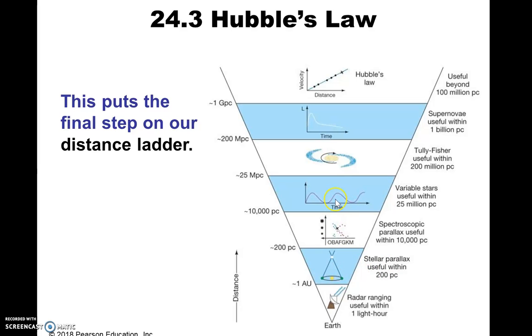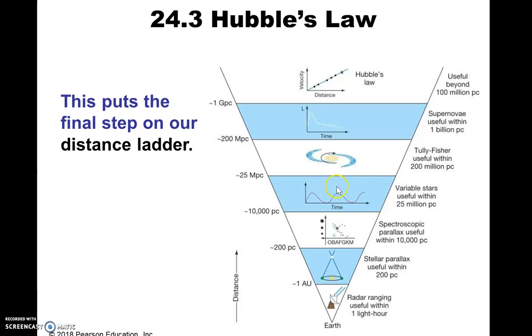And I think I had mentioned this before. This is a really important concept, so it does bear repeating: we need to have overlap. There has to be overlap between each of these rungs on the distance ladder, because without a way of verifying it, in fact, there has to be overlap. Cepheid variables, right?